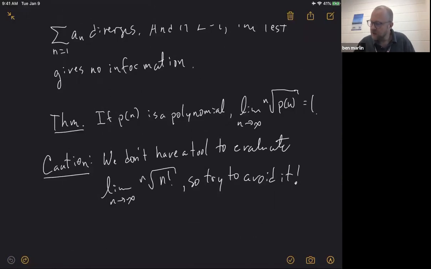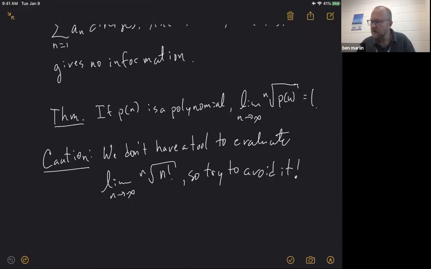All right, so if p of n is a polynomial, like n squared, or 15n cubed plus 9n plus 6, any polynomial, and you take the nth root of it as n goes to infinity, you're going to get a limit out of it that's 1, always, right?